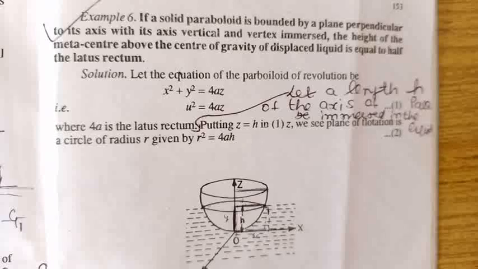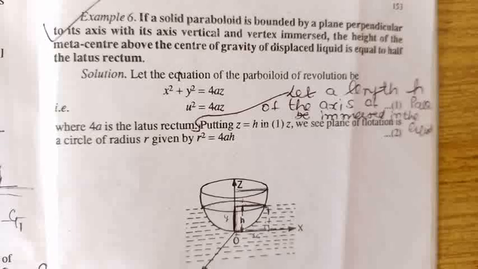A paraboloid is a solid of revolution. Solid of revolution means a solid figure obtained by rotating a plane curve around some straight line, and that straight line lies in the same plane.